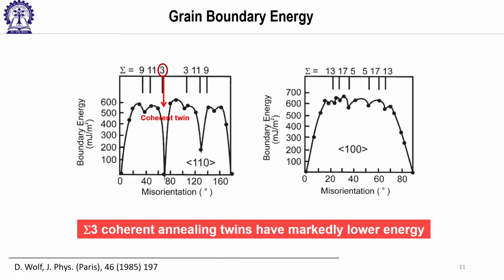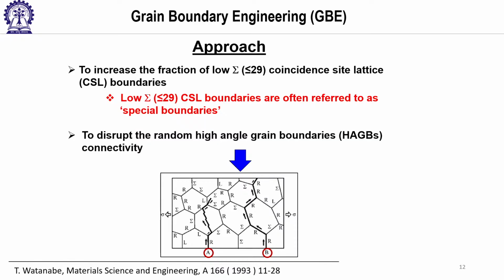When you have this lower energy, definitely one can expect that if you have more of those boundaries in your microstructure, it will give you better properties, right. So the sigma 3 boundary is the most desirable one.